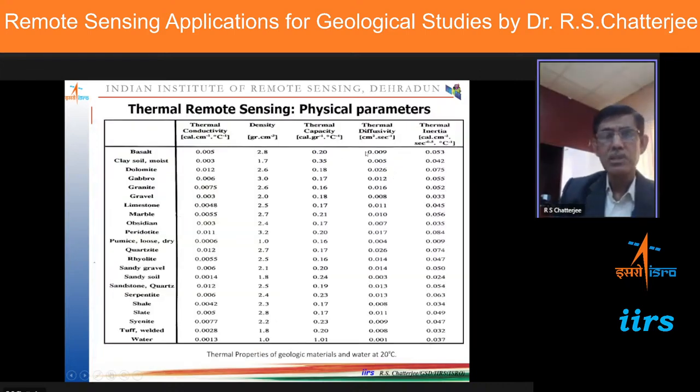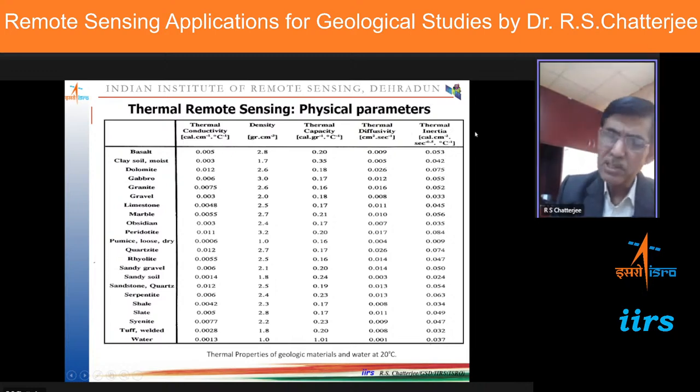Now in thermal remote sensing, certain thermal properties of rocks are important, and we exploit those thermal properties or thermal parameters. Using those parameters, we can identify and characterize these rocks in thermal remote sensing. They are thermal conductivity, thermal capacity, thermal diffusivity, and thermal inertia.